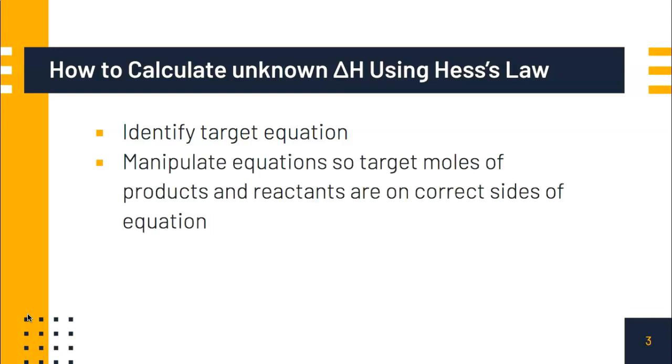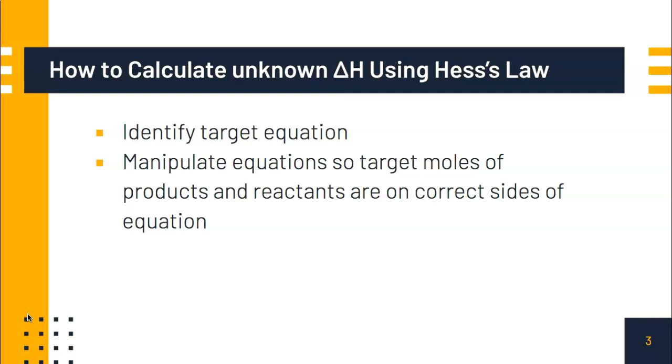Next, we're going to manipulate our equations so that our target moles of products and reactants are on the correct sides of the equations. This is what I was talking about earlier about how we're going to use our math brains, we're going to use some algebra with our equations.